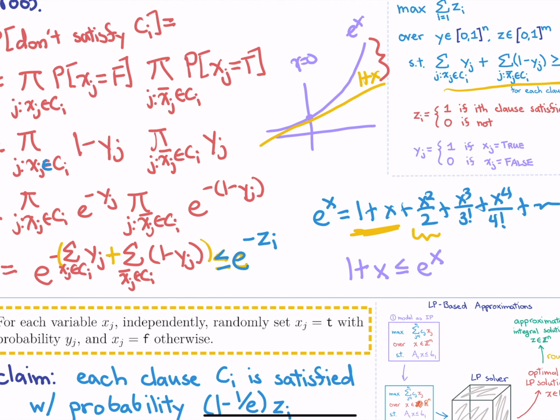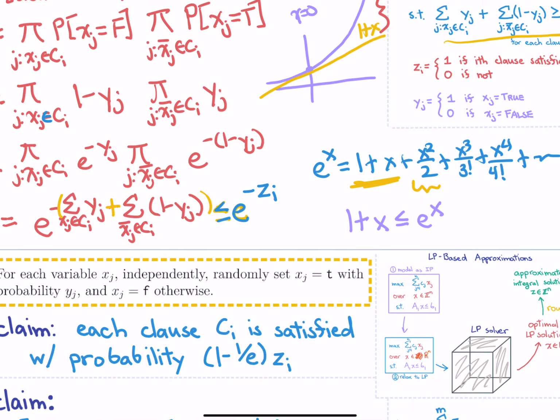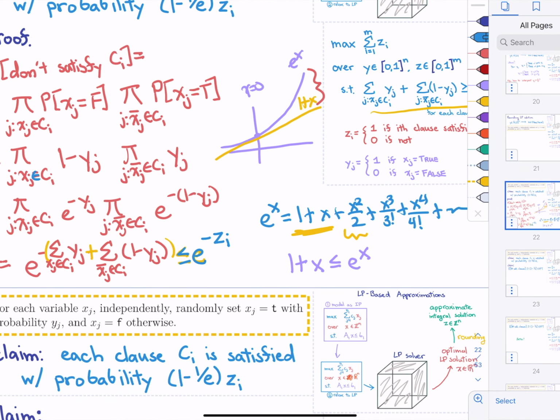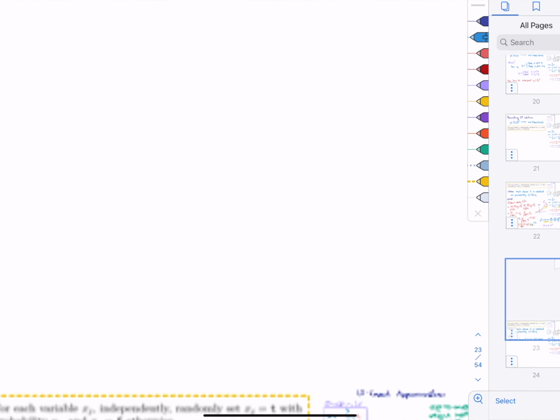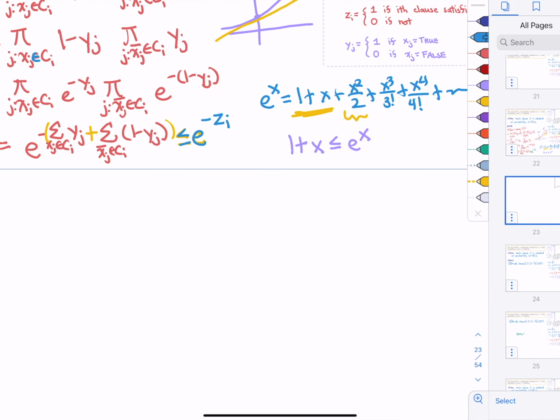Okay. I need more space. Okay, so I know it's a little bit more mathematical than maybe we'd like to do. This is the last bit though. Now I need to deal with this, right? This is still a little bit screwed up because e to the negative zi is a little bit hard to interpret.